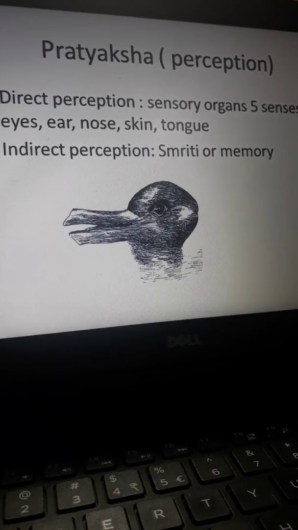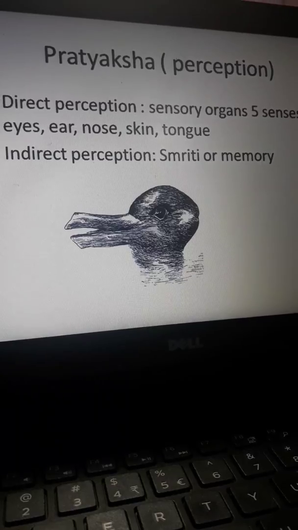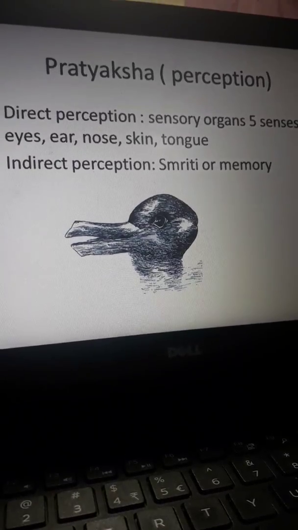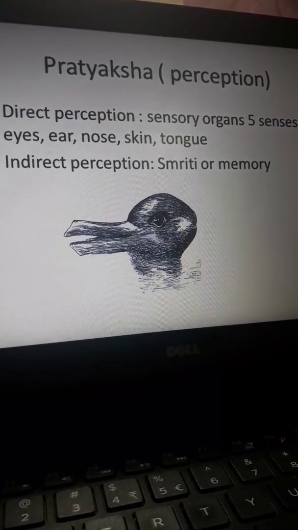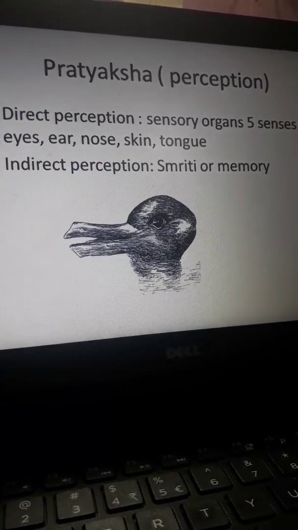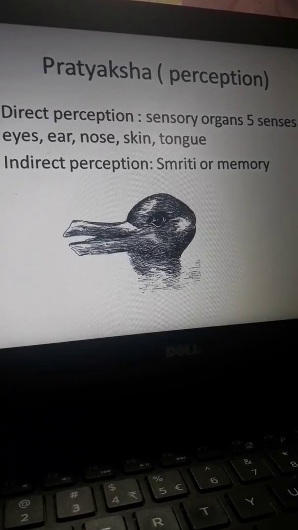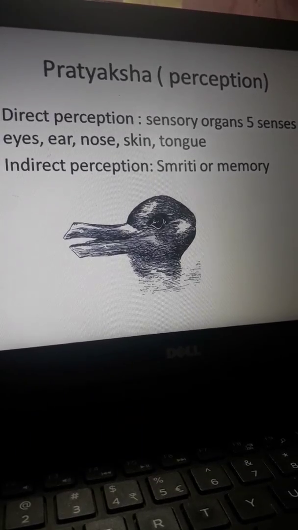The sounds that we hear, the knowledge we get when we hear something, is through the ear. In the nose, these are the smells. In the skin, knowledge is acquired through touch. And last of all, the tongue, the taste, and how a thing tastes, whether it is sour or bitter, is acquired by the tongue.